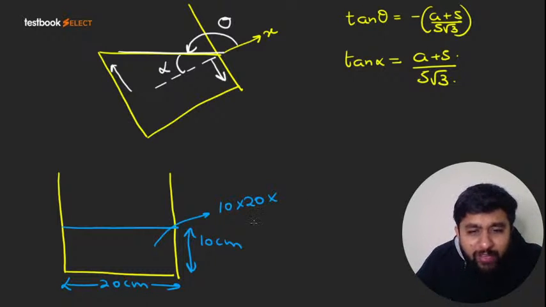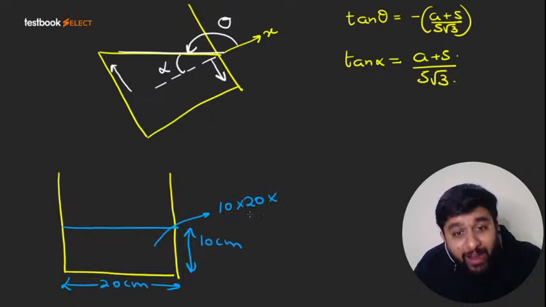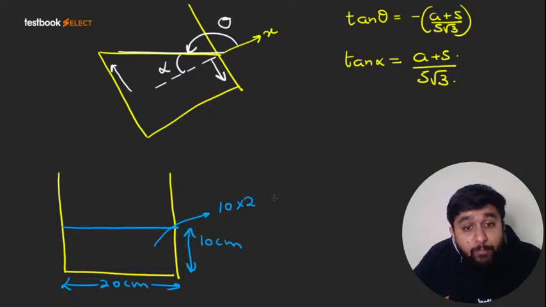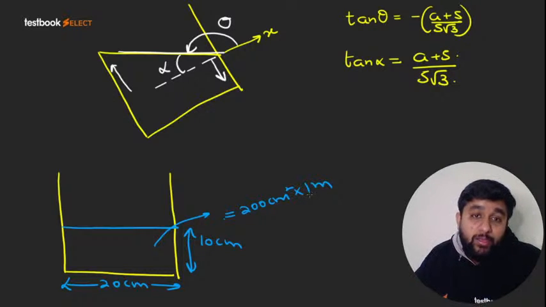So I can write 0.1 meter, 0.2 meter into 1 meter. So this will become 0.02 meter cube. Or you can simply say 200 centimeter square into 1 meter. This is the volume of water.